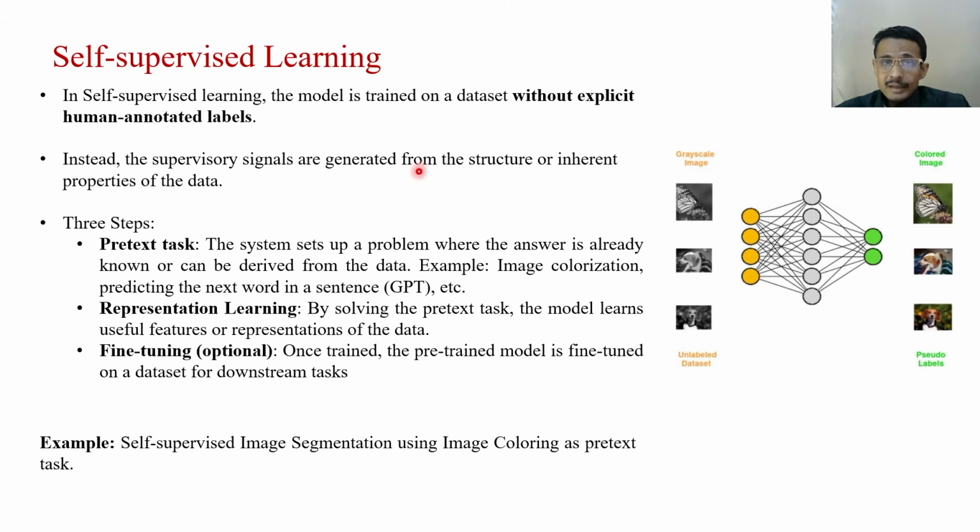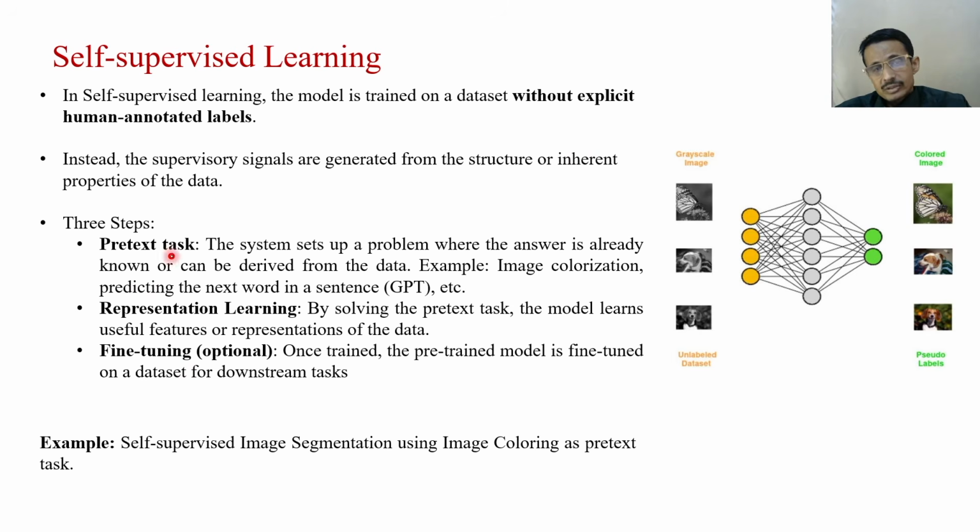The structure or inherent properties of the data can be utilized to get such supervisory signals. That is basically what happens in self-supervised learning. To understand how we can get such a supervisory signal from the structure or inherent properties of the data, we have to understand three concepts.